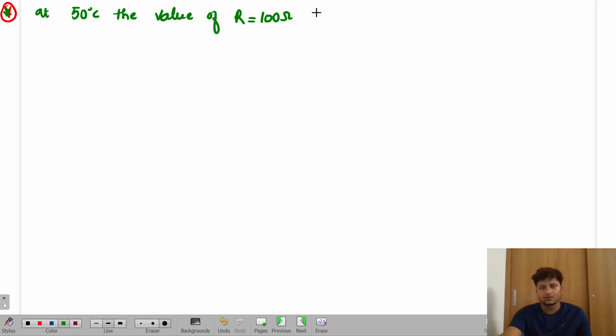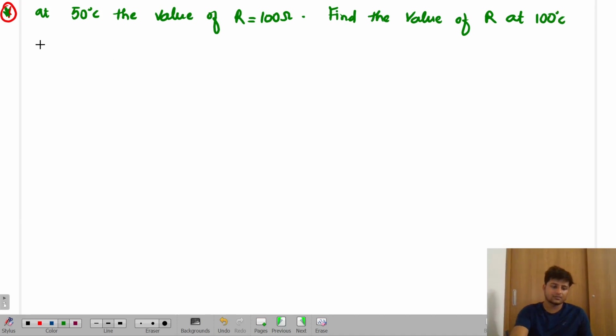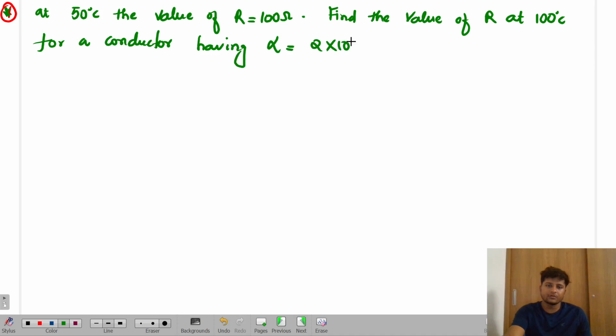Find the value of R at 100 degrees centigrade for a conductor having alpha equal to 2 into 10 to the power of minus 2 per degree centigrade. Do it.